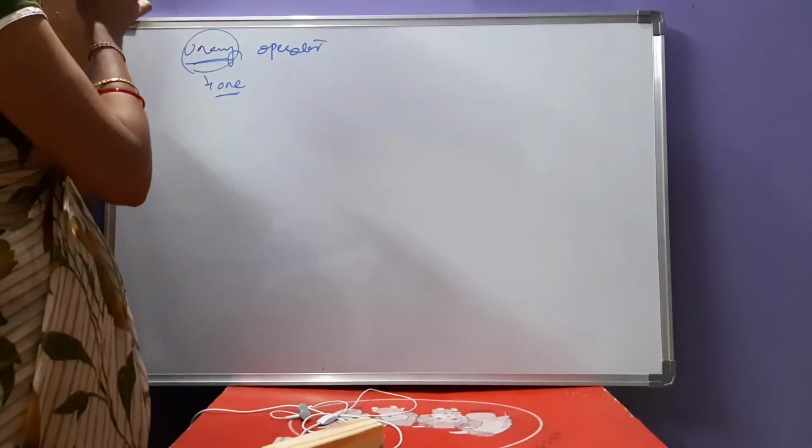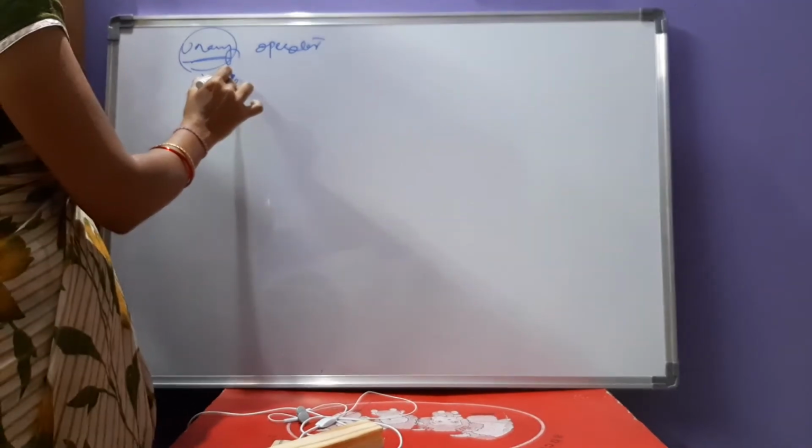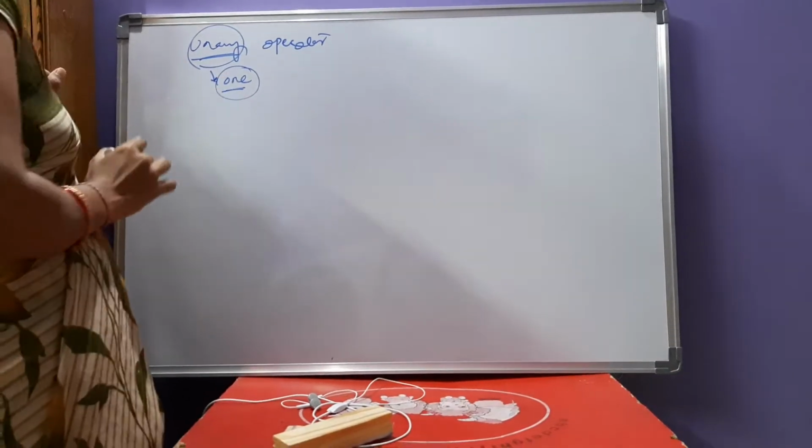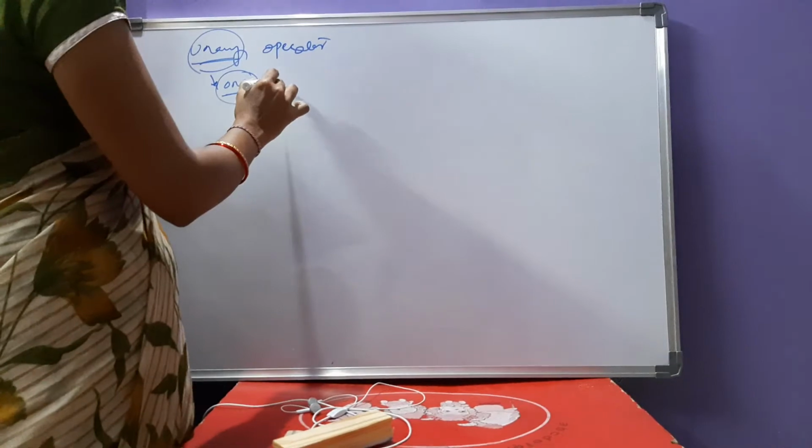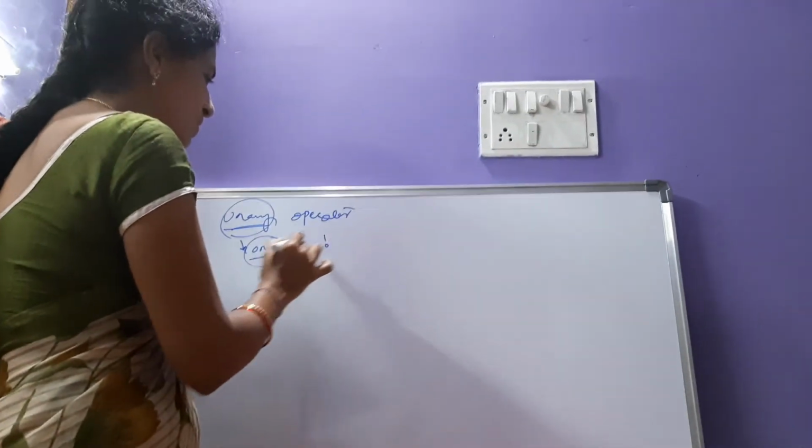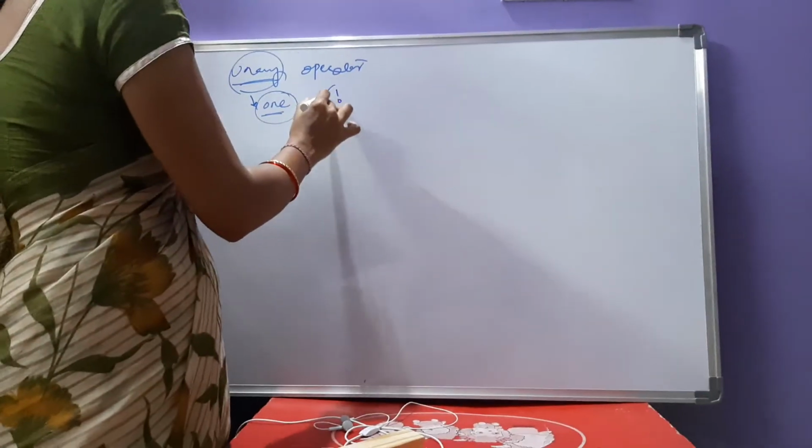The name itself contains unary, meaning only one, single. It means the operator performs some action on only one operand. So to do any particular operation, if that operator requires only one operand, then it is called a unary operator.